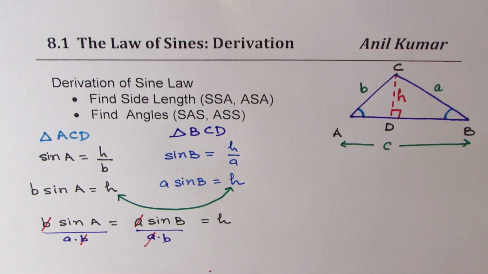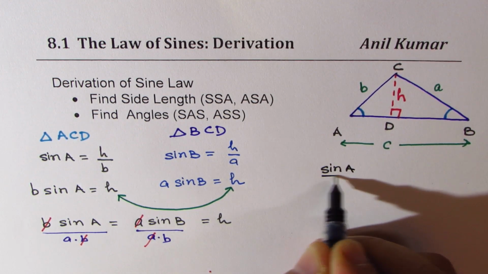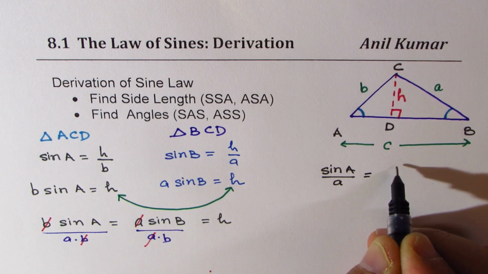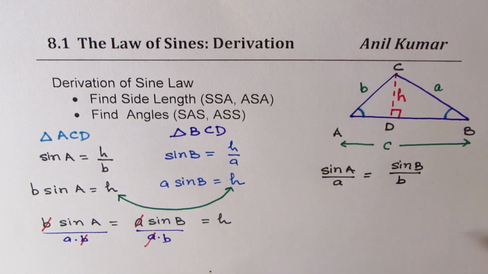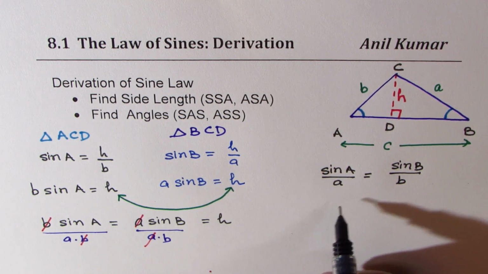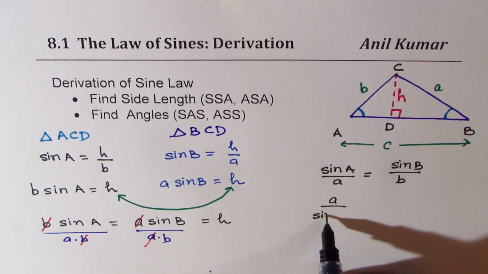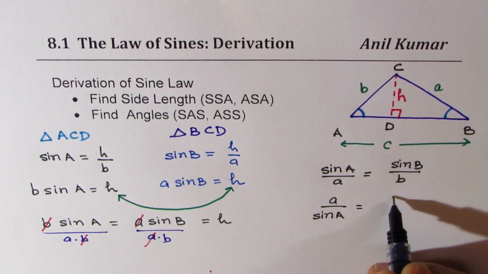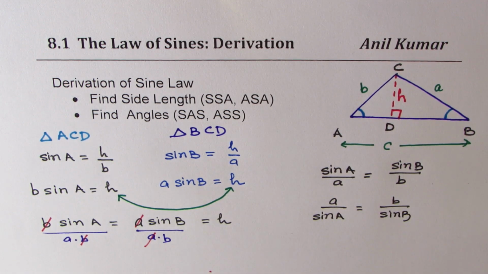So what you see here is a relation between sine of an angle and its side, correct? So we could write this as sine A over a equals sine B over b. Perfect. Now it could also be written as, you could flip it, a over sine A equals b over sine B. Either way, we can use this law.